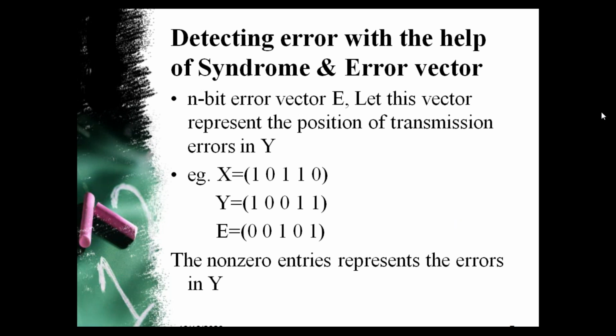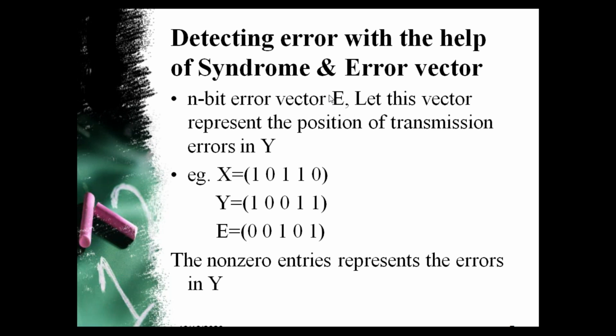Then we can consider how we can detect the error from the syndrome vector and the error vector, that is, detection and correction. Here we have an n-bit error vector.